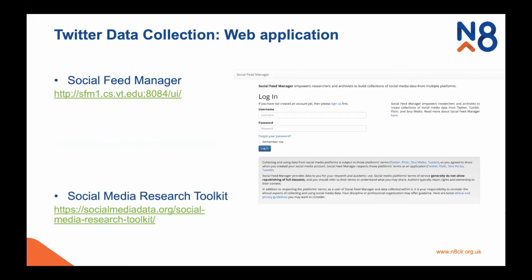Finally, before I conclude, I also added an extra page. In case you don't want to collect tweets with the Tweepy package, there's also a web application provided by a university in the US to collect data, but you still need to get the API keys. It is called the Social Feed Manager. This is the link.